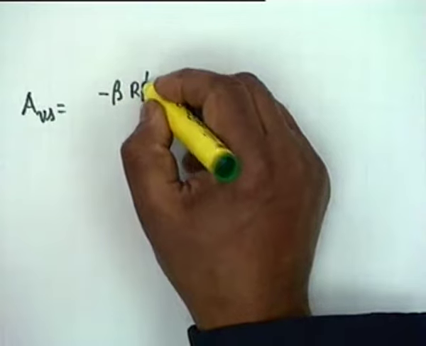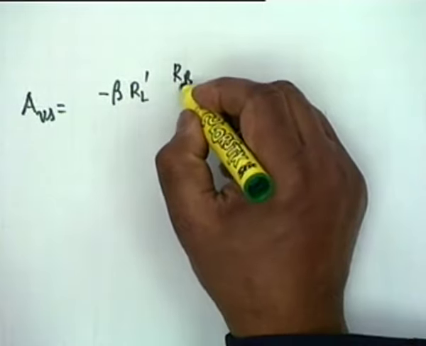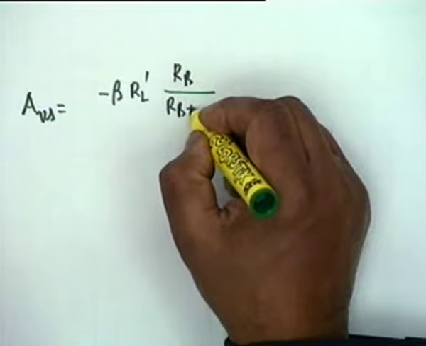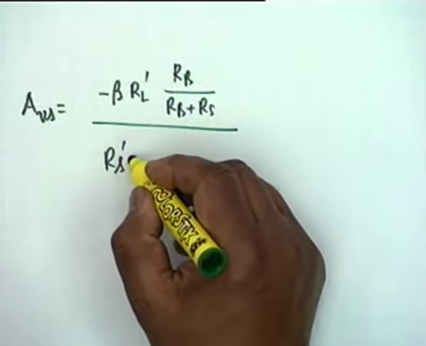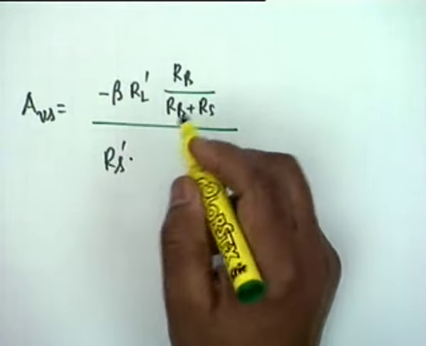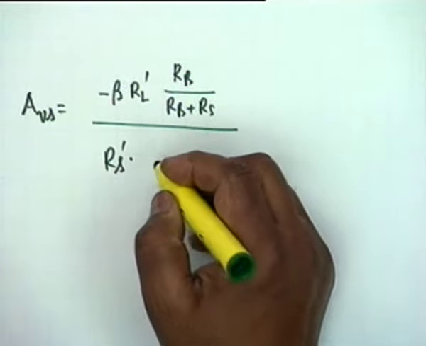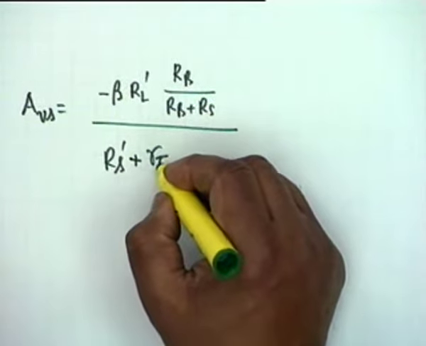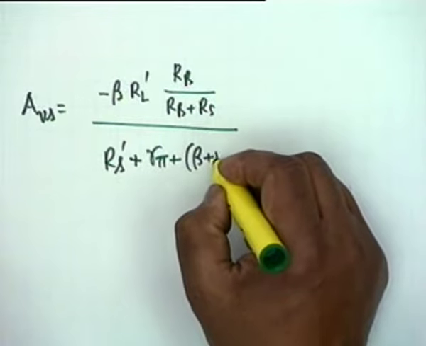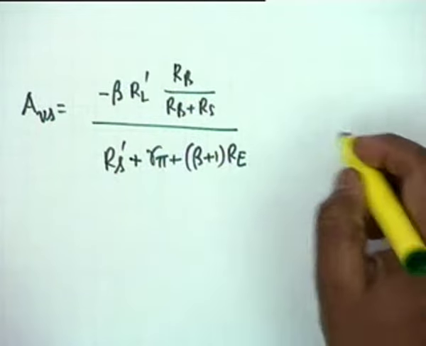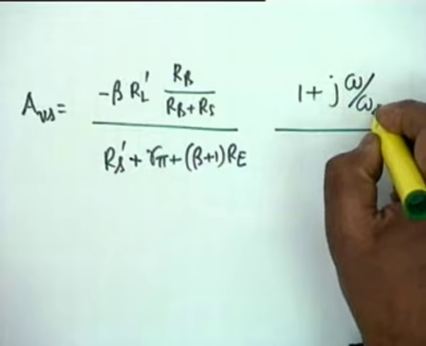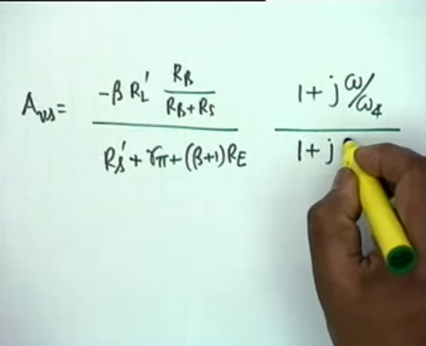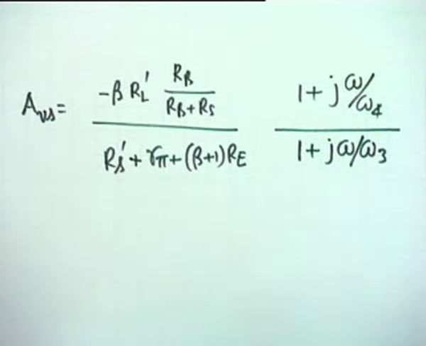Minus beta RL prime RB divided by RB plus RS, divided by RS prime plus R pi plus (beta plus 1) RE. This multiplied by 1 plus j omega by omega 4 divided by 1 plus j omega by omega 3, where I will give you the values.